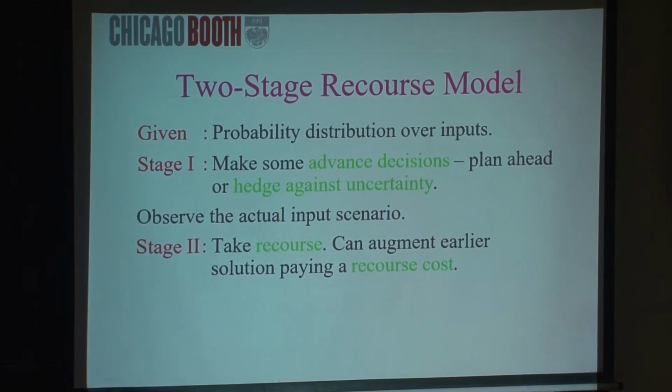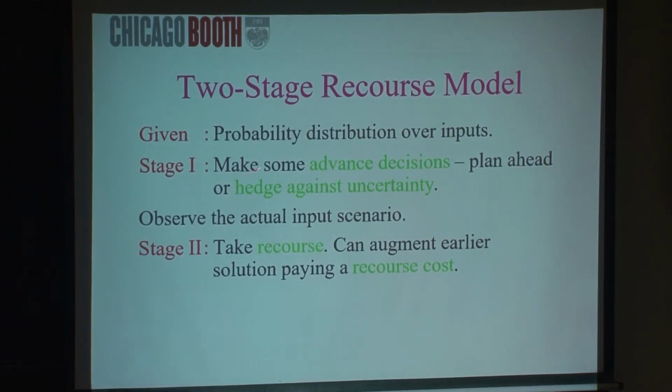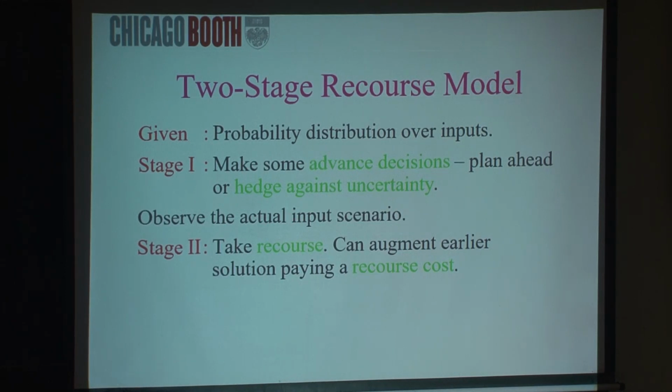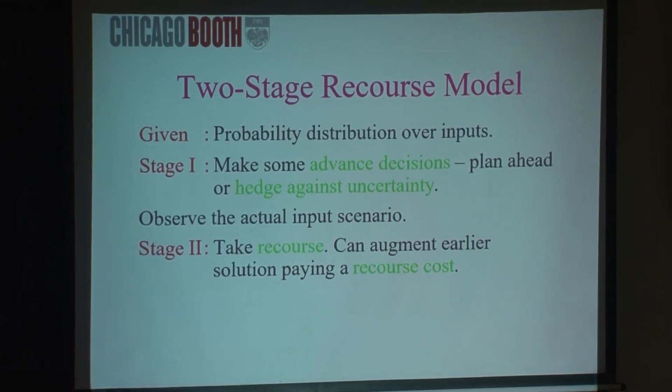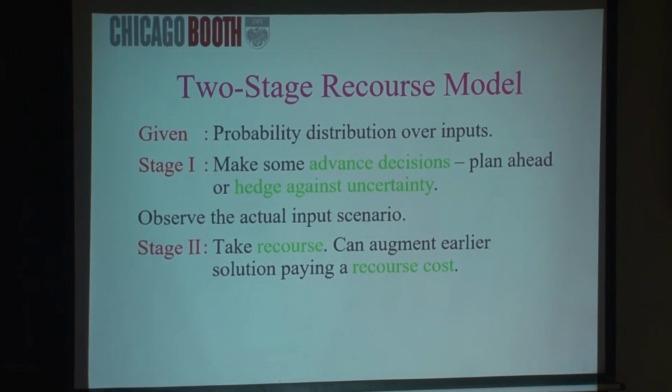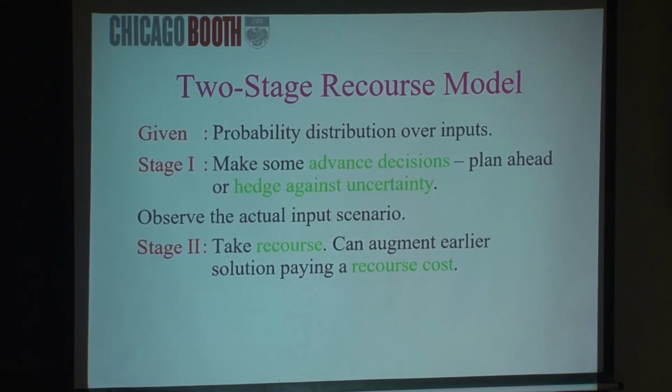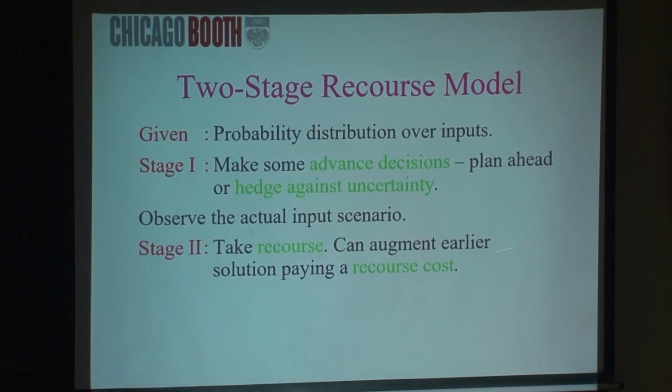First I make some advance decisions, like I put in the number of seats on the plane. Then there's going to be a realization of some random event, and then I'm going to take some action. So then I'm going to do this recourse action. And then I may pay a cost for taking that action.